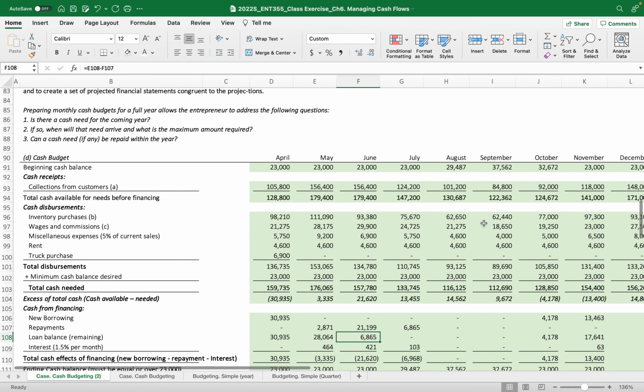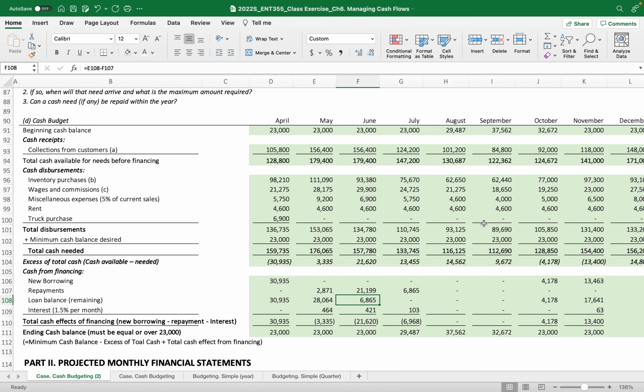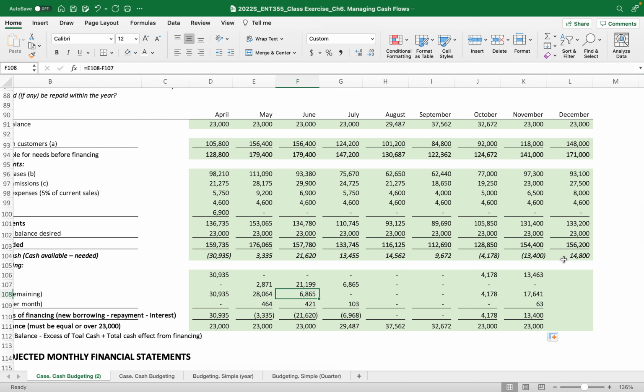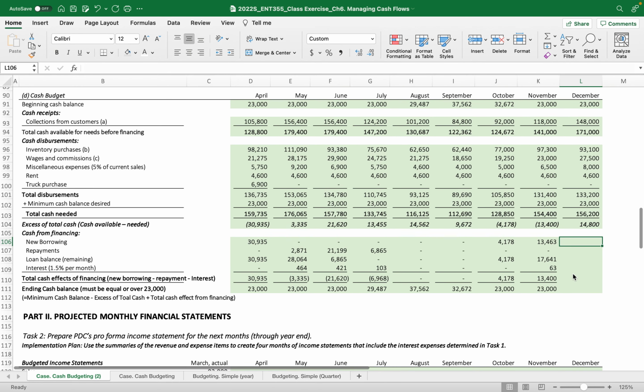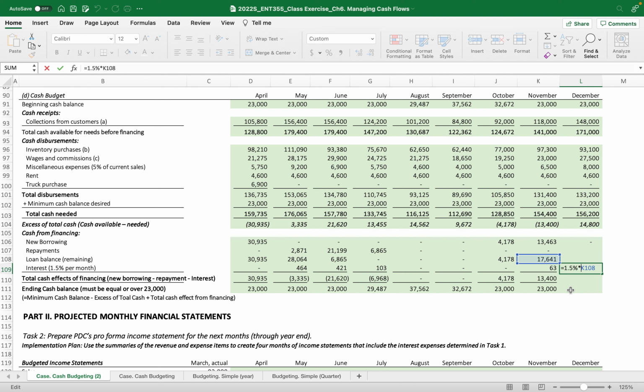So last month, December, the excess of total cash is positive 14,800. So here, with 14,800, do we need an additional loan, additional borrowing? No, we don't need it, so it's zero, right? How about the repayment, right? We have to pay, but when you calculate the repayment, we always need to calculate the interest first to cover it.